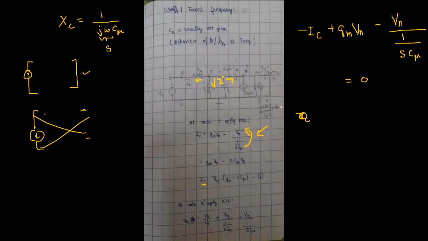So after applying KCL here, we can write I_B is equal to V pi divided by R pi. R pi is the downward current, I_B is the current from the left, V pi divided by 1 by s C mu is the rightmost current, and the other capacitor gives us V pi divided by 1 by s C pi. So we have written the KCL equation for the other node as well.